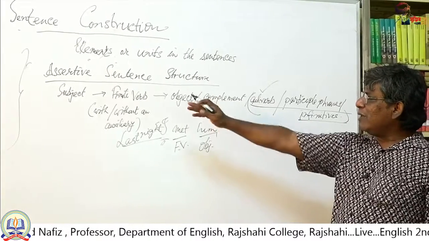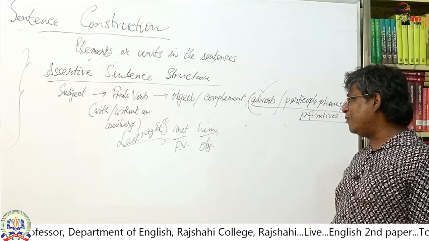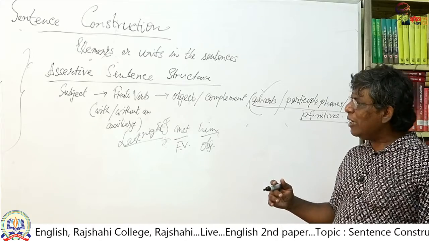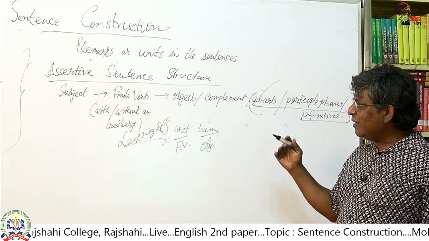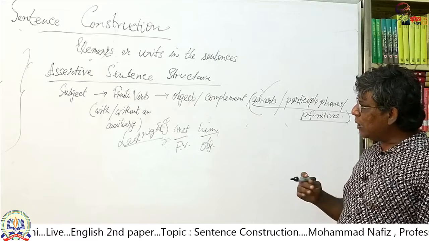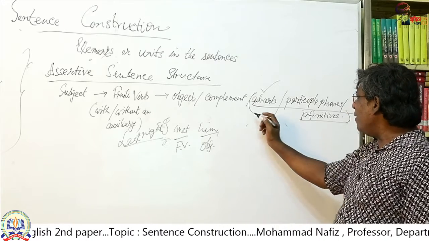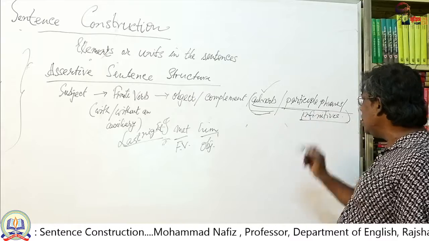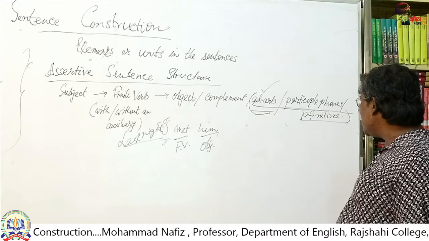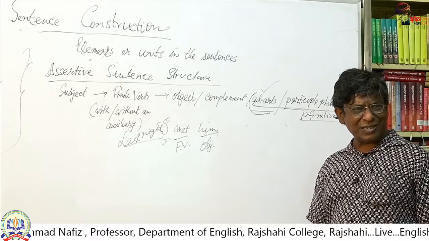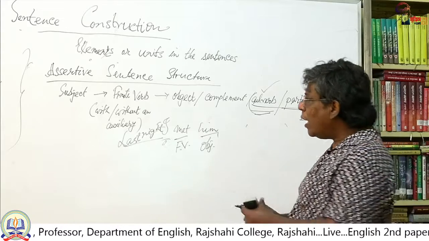The units like subject, finite verbs, objects and complements should be structurally presented in a continuous structure, and you can have relaxation only in the presentation of adverbs, participle phrases and infinitives while you construct a sentence.